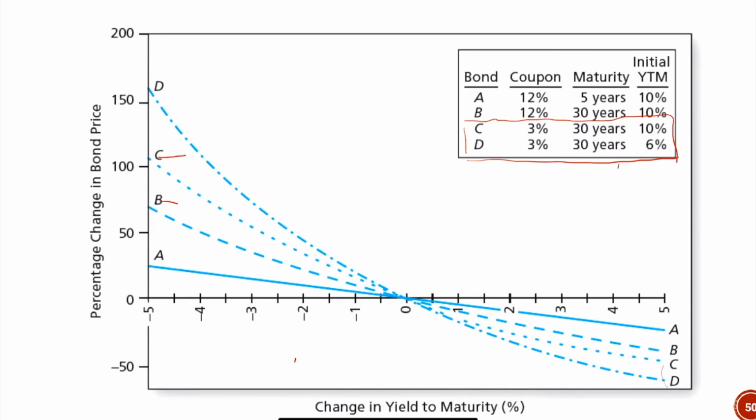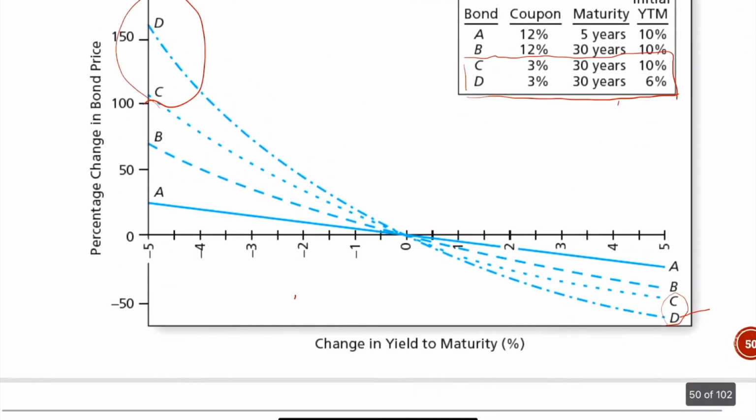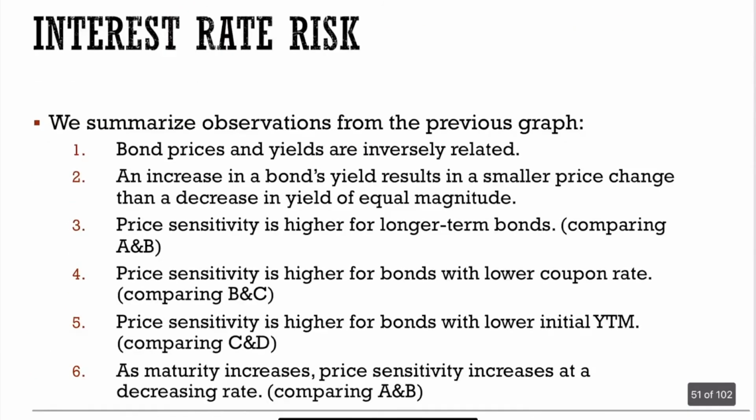And if you compare C and D, you can see that D has a larger price response. It's the same in the case of decrease in yield. So again, D has a larger response. So the lesson here is basically a bond with lower initial yield is more sensitive to interest rate changes, right?